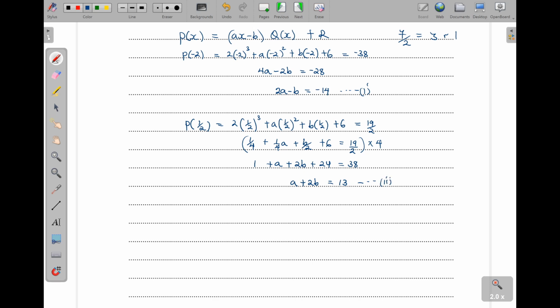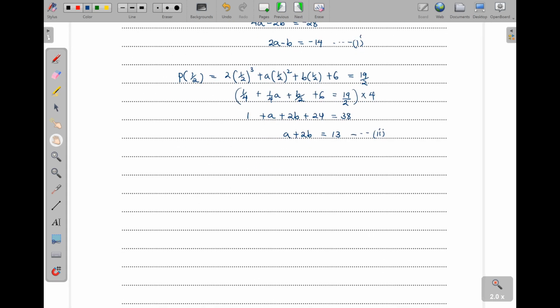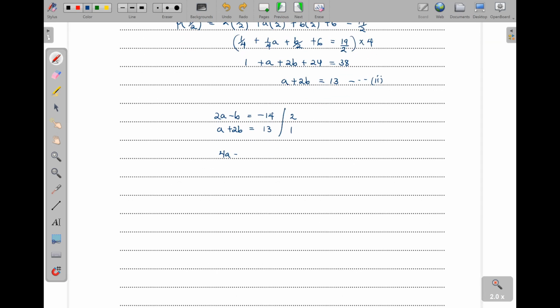Now, these are two simultaneous equations that we can solve. So we have 2A minus B, which is equal to negative 14. Then here A plus 2B. You can use any method you want when you are solving this. I can multiply this one by maybe 2 and then this one by 1. So we shall have 4A. That is when I'm eliminating B, okay? This is 4A minus 2B, which is equal to negative 28.